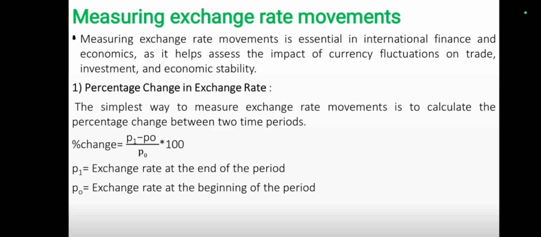P1 represents the exchange rate at the end of the period, P0 represents the exchange rate at the beginning of the period. If we apply the formula, we arrive at the percentage change between two time periods of exchange rate.